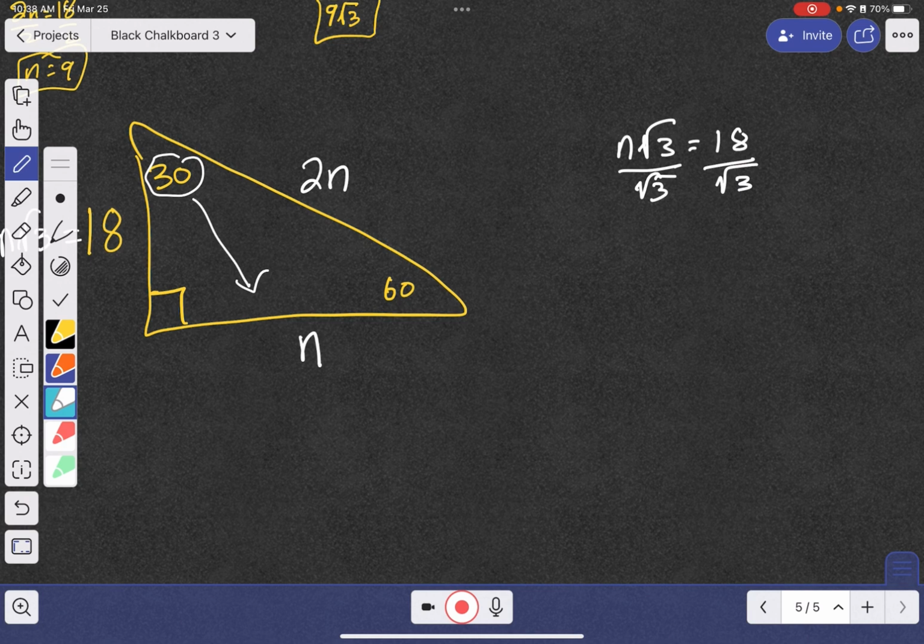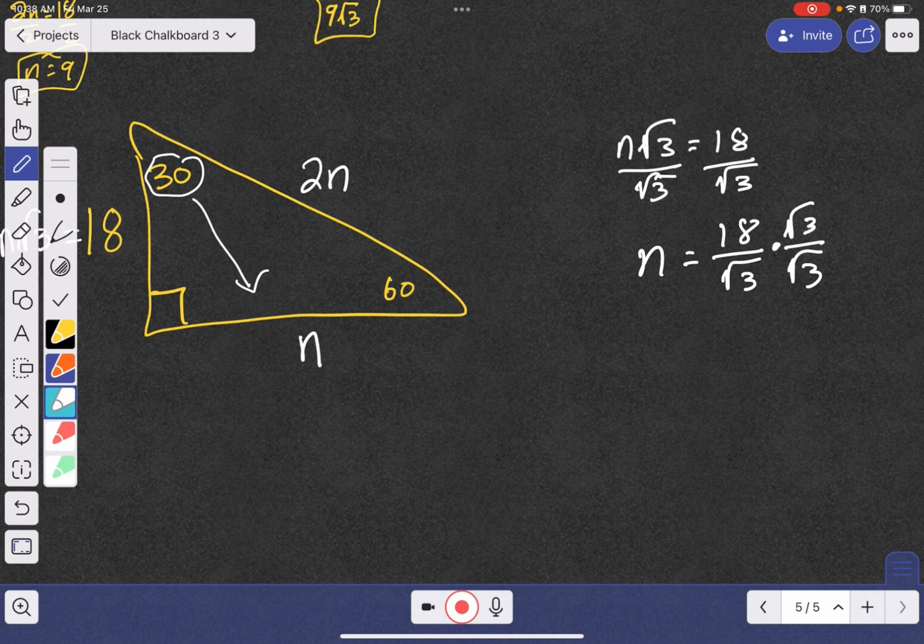Square root of 3 divided by the square root of 3 is 1, so that just leaves me with n equals 18 divided by the square root of 3. Multiply by the square root of 3 over the square root of 3. Can't have a radical in the denominator. And because this is underneath, you can't simplify that way.